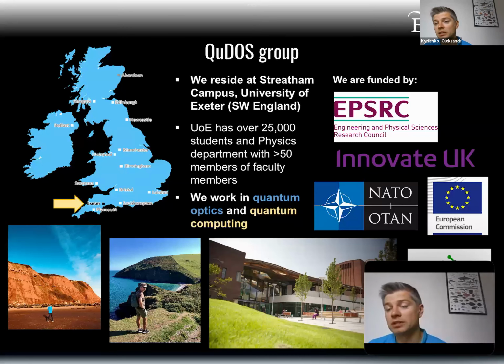I then progressed into quantum simulation, and some time ago I started to do quantum computing, specifically applied to near-term devices. Now I'm a senior lecturer at the University of Exeter, located in the southwest of the UK. And in my group, we do both quantum optics and quantum computing.